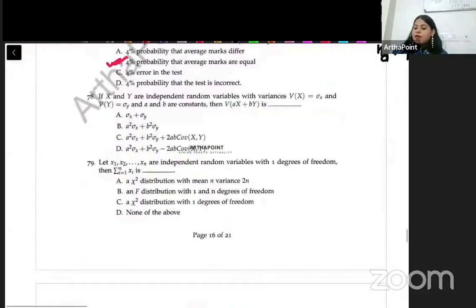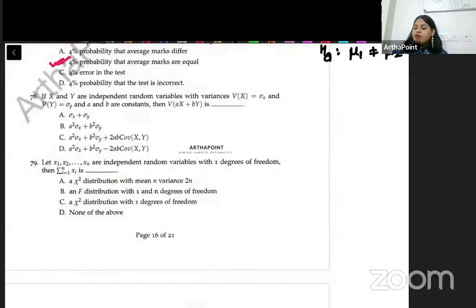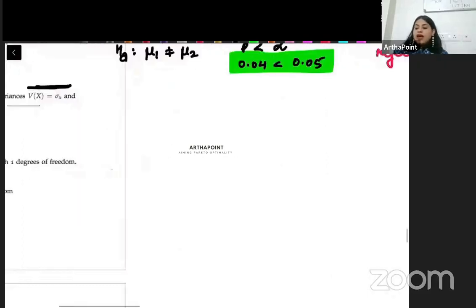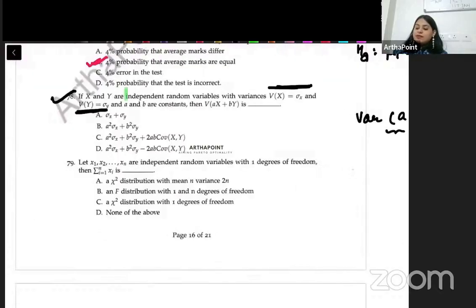If x and y are independent random variables with variance of x sigma x and variance of y sigma y, a and b are constants, then var of ax plus by. Very simple, beta. Whenever you see this plus sign, you have to use the relationship that it should be variance of this plus covariance. But it says that they are independent.